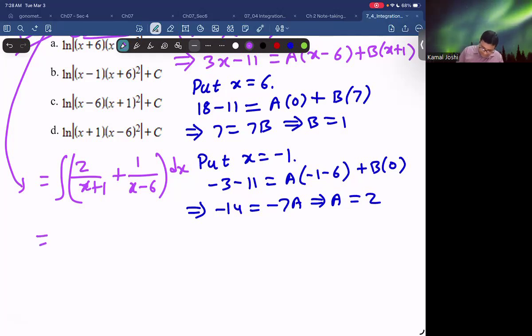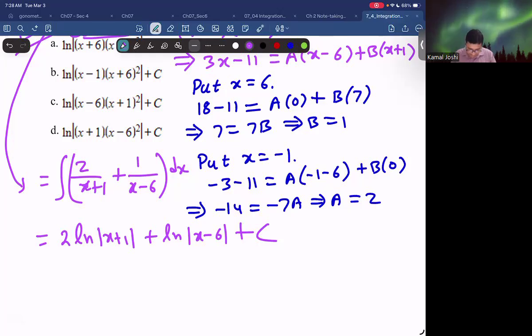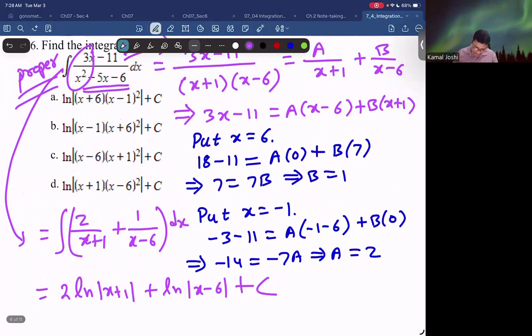Okay, so that is 2 ln x plus 1 plus ln x minus 6 plus constant. Now check which one of them matches here.